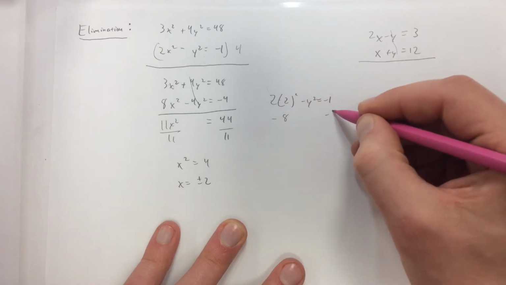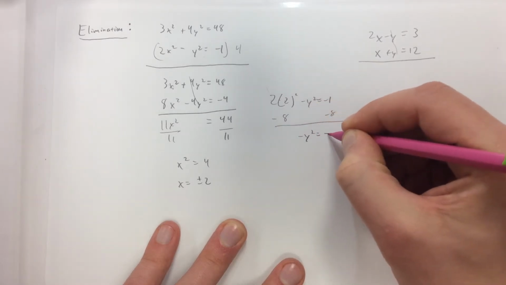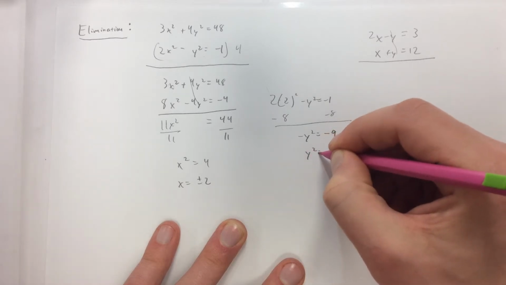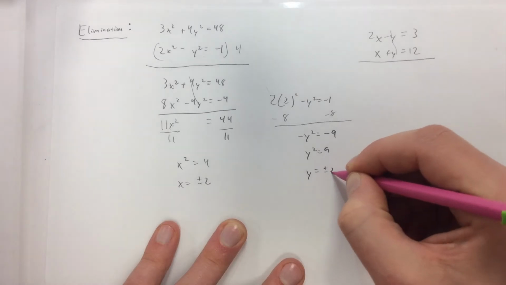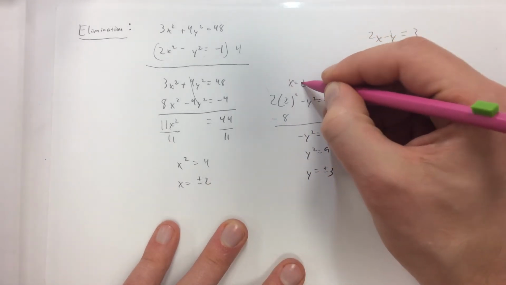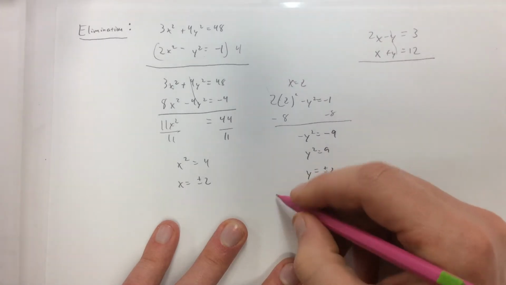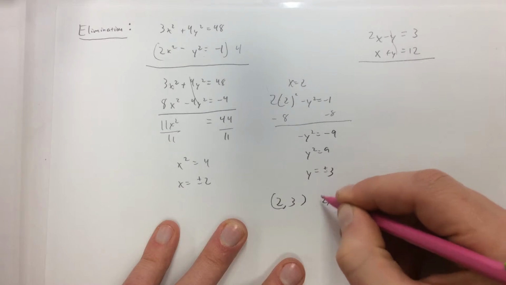So if I subtract 8 from both sides, that's going to give me negative 9. So y squared equals 9. So y is equal to plus or minus 3. So for x equals 2, I have two answers. So it's going to be 2 and 3, and also 2 and negative 3.